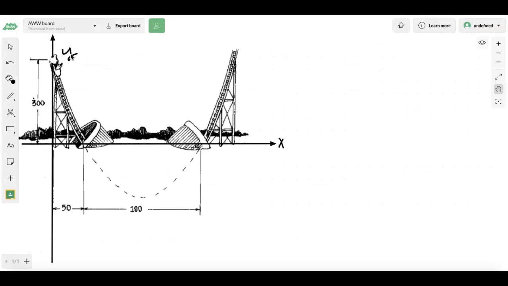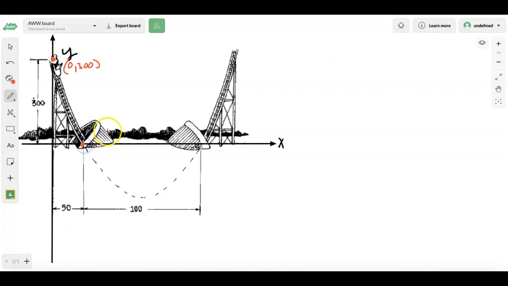We definitely could use some very key points here to figure out the equation. For instance, we would need to know that the starting point up here, or rather the y-intercept, is (0, 300). That's where we begin the portion of the parabola.